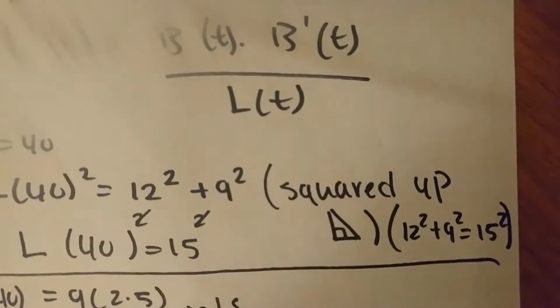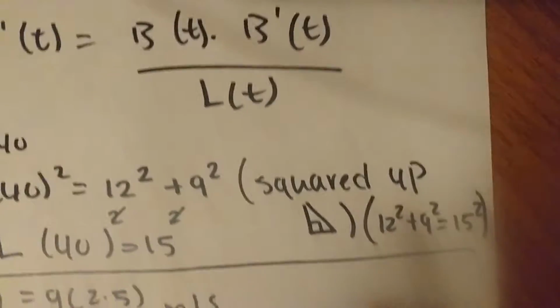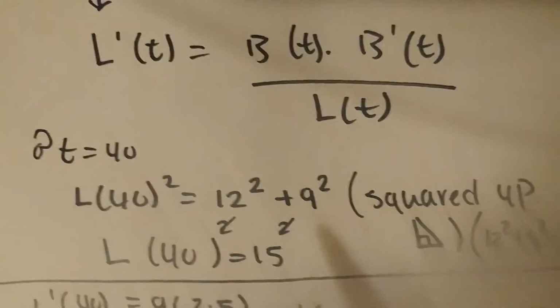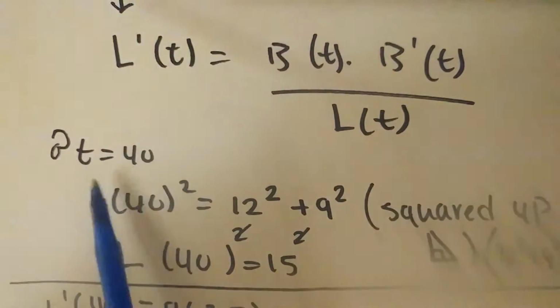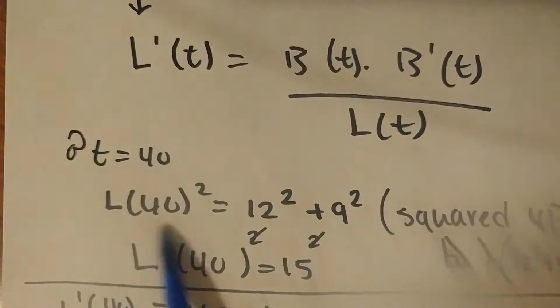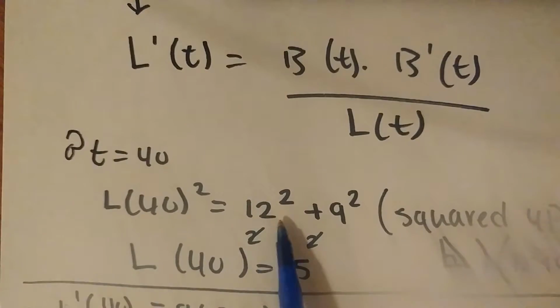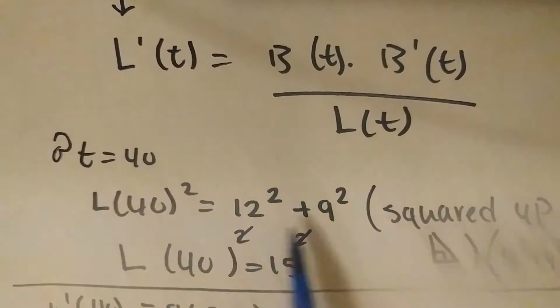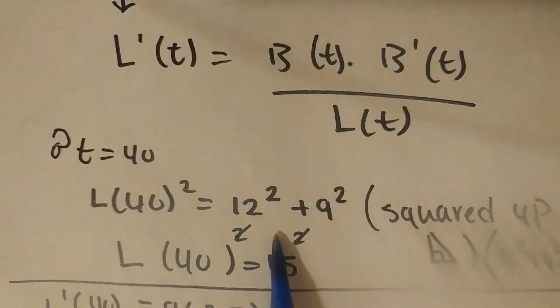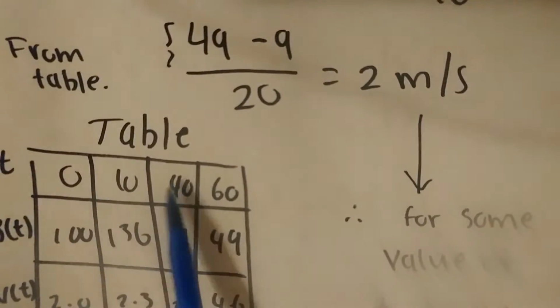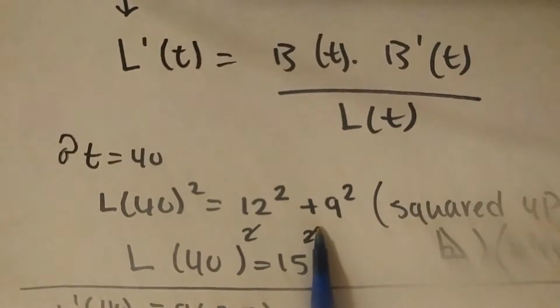So at t equals 40, that's what we need. At t equals 40, L of t squared is going to be 12 squared plus 9 squared, and these values I have from the table, because at 40, right here, you have the 9, and that's where the 9 squared comes from, and the 12 squared is from the original.